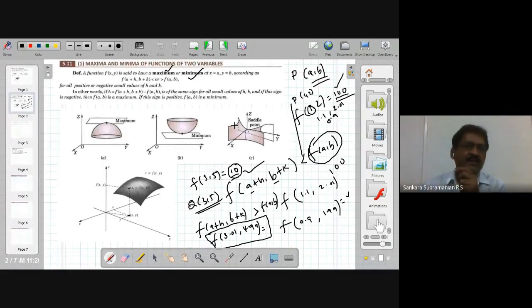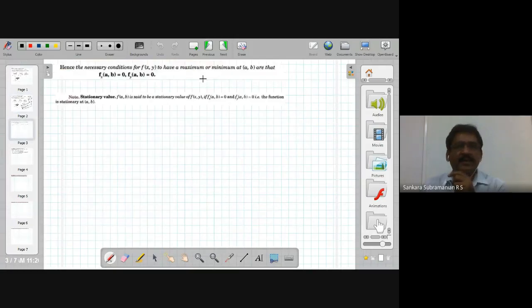This can be done by a very good theorem. The necessary condition for the function to have either maxima or minima at a point (a, b) is that fx, the partial derivative of f with respect to x, dou f by dou x.